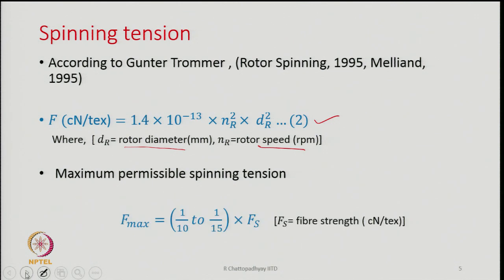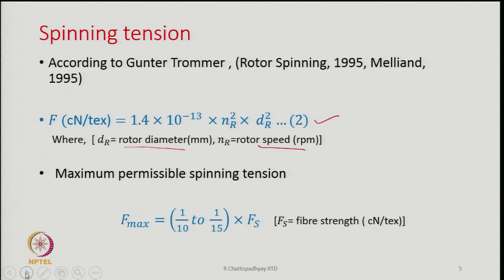So, we can get an idea of the tension following these equations. The maximum permissible spinning tension: because we have to avoid too many breakages, we cannot run the machine at a very high speed if the fibers are weak in nature.